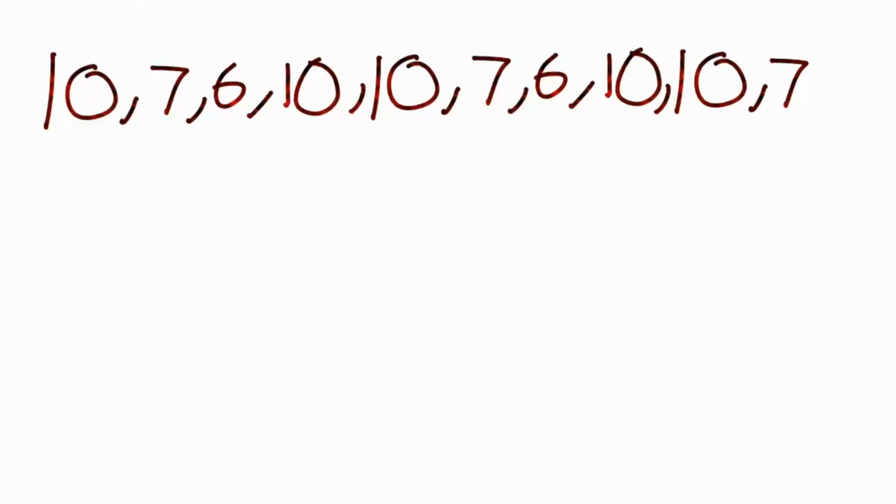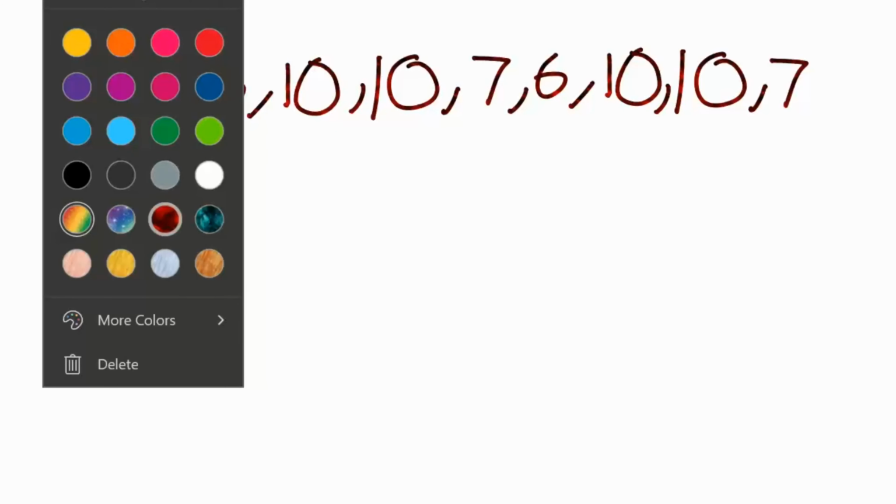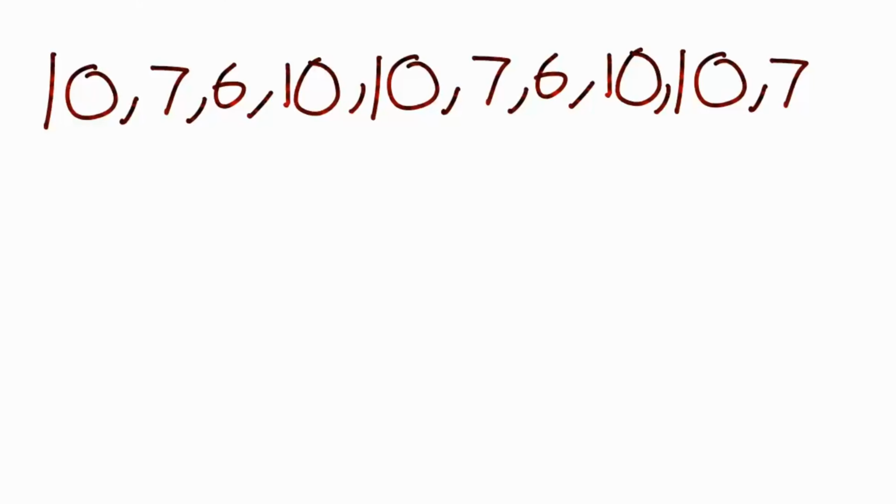Now let's finally move on to numbers. The numbers we have here are 10, 7, 6, 10, 10, 7, 6, 10, 10, and 7. So, sorry about the color thing, it popped up.